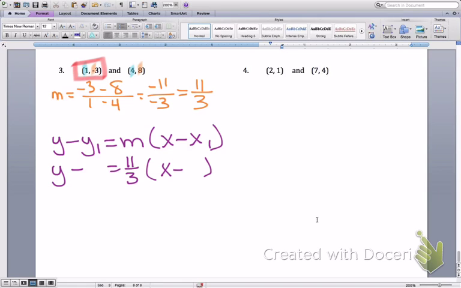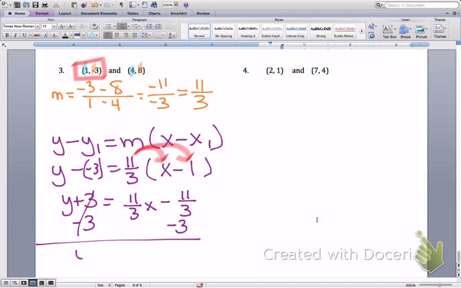So 1 goes on the x value, and negative 3 goes on the y value. So let's simplify: y plus 3. Distribute the 11/3. We're going to get 11/3 x. 11/3 times 1 is just 11/3. And now I'm going to get y by itself by subtracting 3.